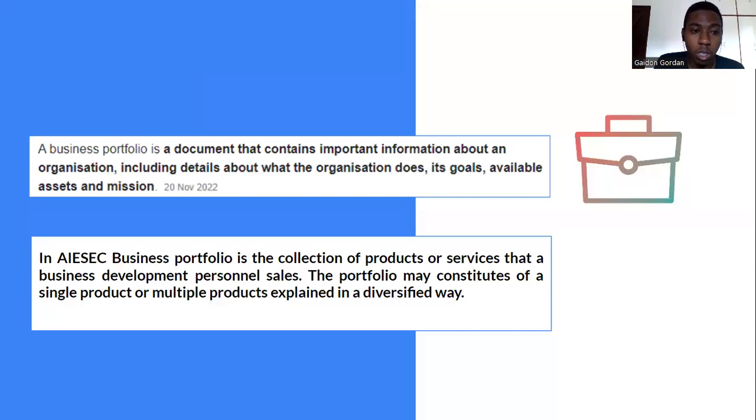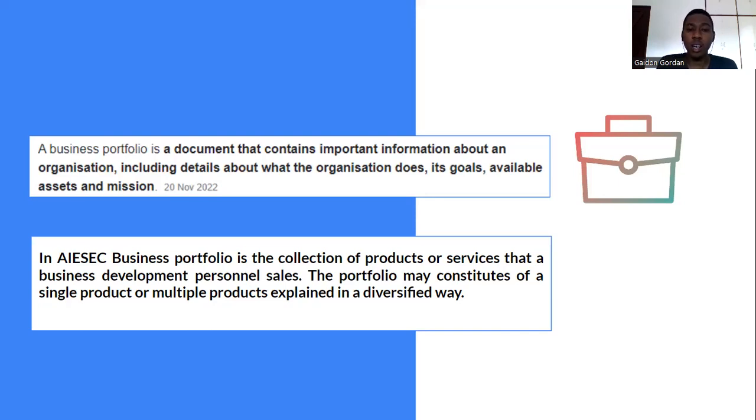So let's dive into the meaning. The meaning of a business portfolio is a document that contains important information about an organization, including the details about what the organization does, its goal, available assets, and mission. So in ISEC, in accordance with our business development department, a business portfolio is a collection of products or services that the business development personnel sells.